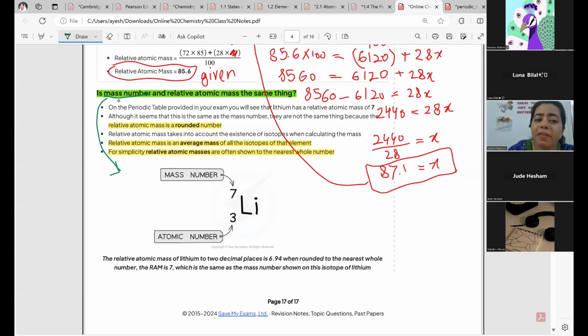And relative atomic mass is basically the average of different isotopes. So relative atomic mass is the average mass of all the isotopes in the element. And this relative atomic mass in the periodic table is written as a rounded number. Mass number can be for one isotope. If we have one isotope of hydrogen, we'll say mass number is 1. The other has mass number 2. The third has mass number 3. But if we are taking their average by the above formula, then we will call it relative atomic mass.